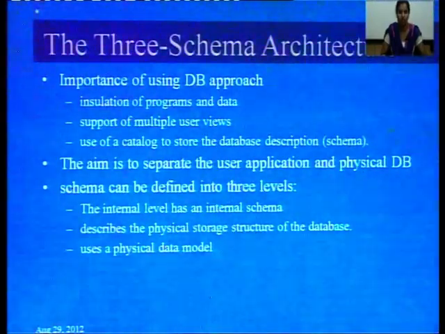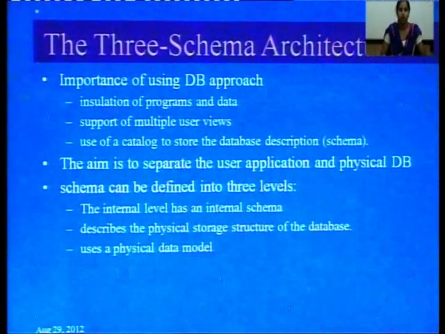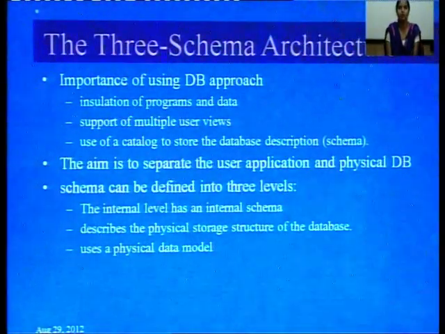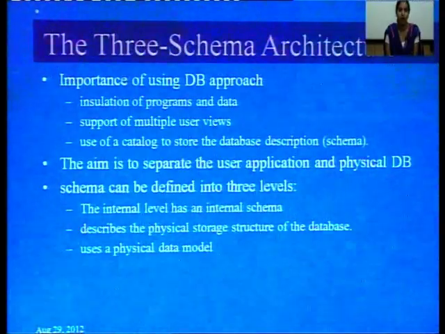When you are organizing data through programs, we say we are insulating the data. This 3-tier architecture helps to support multiple user views. What is a multiple user view? A view is one snapshot of the data according to the user requirement.